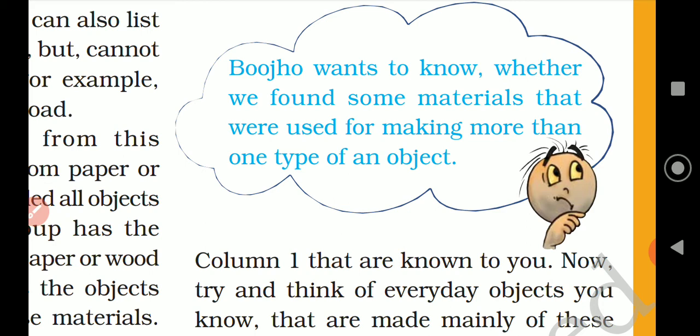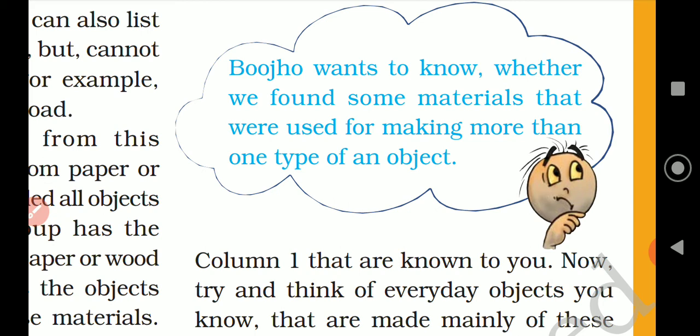Suppose I am talking about wood. What all things are made of wood? Can we make only one object out of wood, or can we make more? Take metal or take glass.